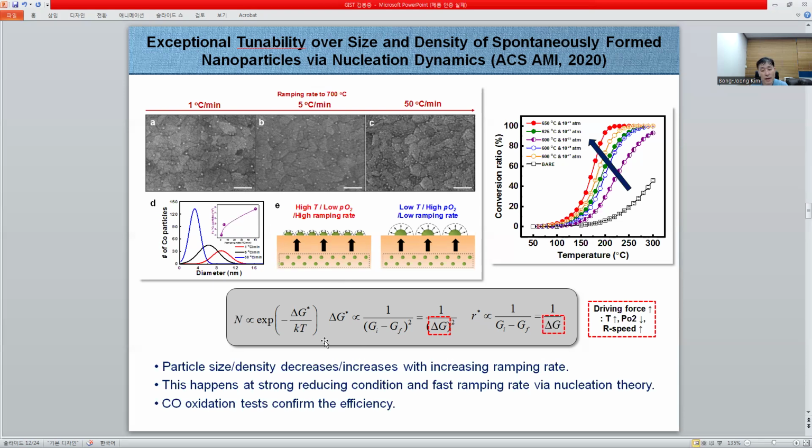We can say that high temperature, low oxygen partial pressure, and fast ramping rate provide a stronger reducing condition. Finally, we confirm that the sample exsolved under stronger reducing condition actually gives a higher conversion ratio of CO oxidation.